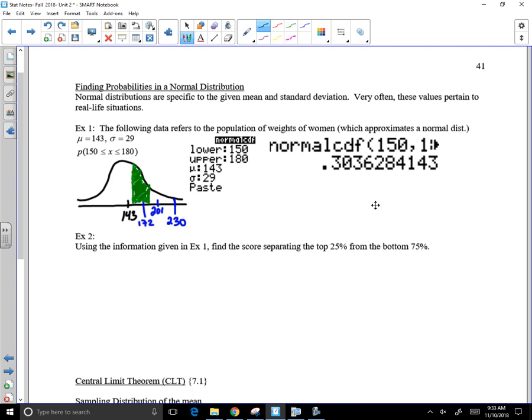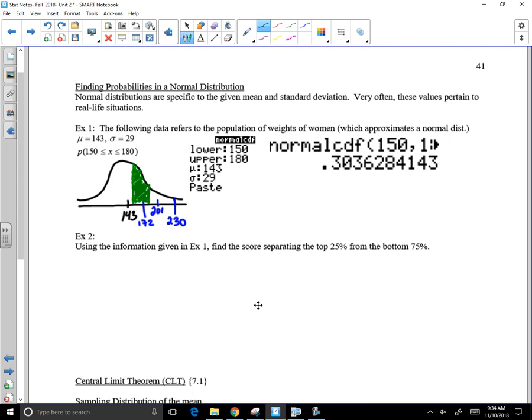You see how you got that answer? So you're out of the hole when it stops at 230 and it's 303. Point 303. So that 0.303 represents this area in between the 150 and the 180. All right.